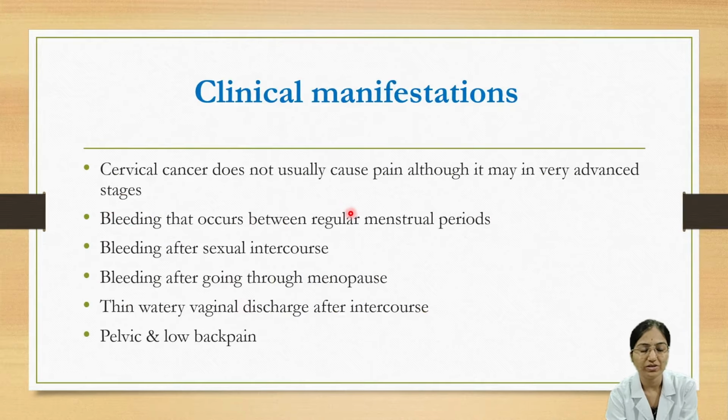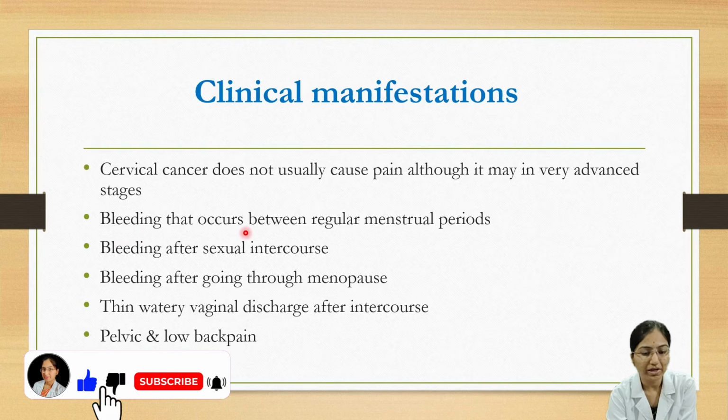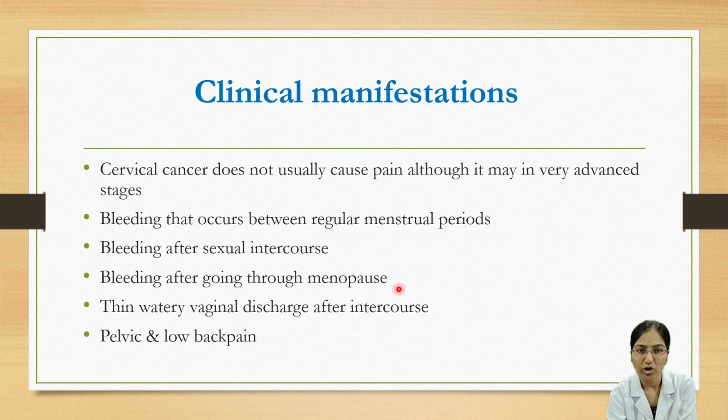We'll see the clinical manifestations here. Cervical cancer does not usually cause pain, although it may in very advanced stages. Bleeding occurs between regular menstrual periods, bleeding after sexual intercourse, and bleeding after menopause. There is thin watery vaginal discharge after intercourse, and pelvic and lower back pain.